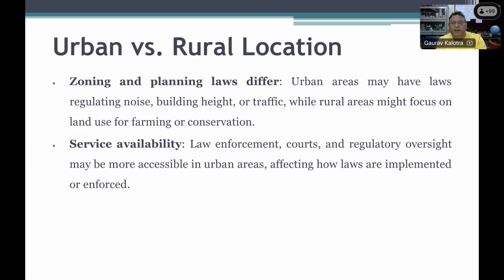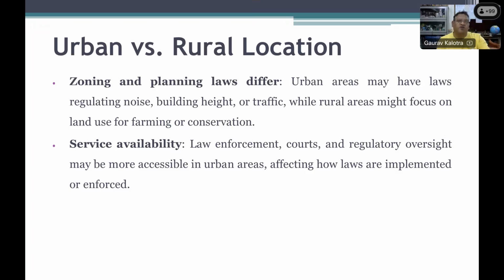Then building heights. In urban areas, you have high-rise buildings. In rural areas, you don't have high-rise buildings. Okay. Then noise has to be regulated in urban areas, whereas in rural areas, you don't have to do it. In rural areas, the problems are different, like land use for farming or conservation.